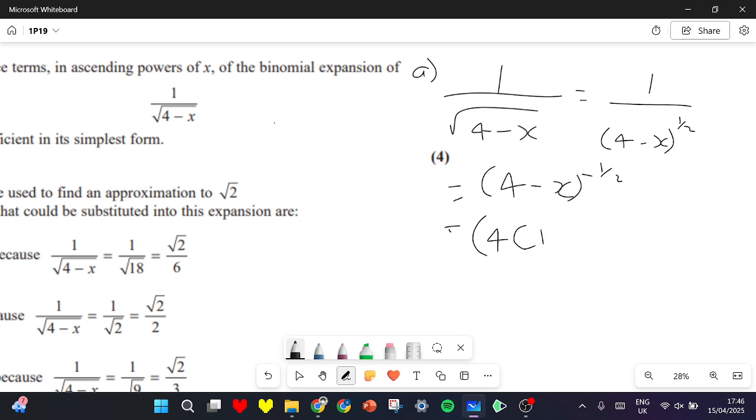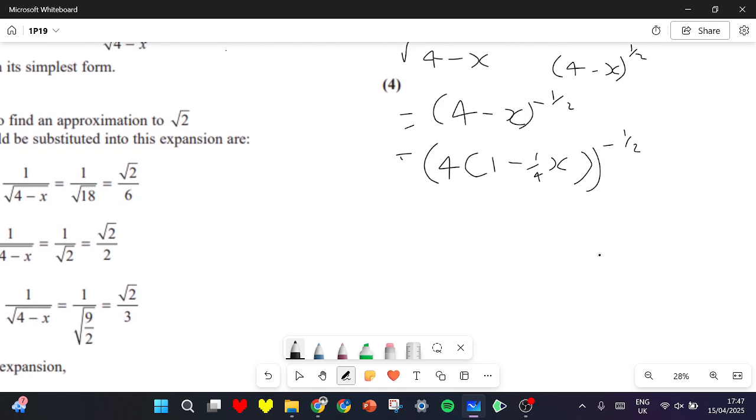So if you do that, you'd get 4 times 1 minus a quarter x, and then that's the whole thing to the power minus a half. And because you're timesing it, you can also put the power there to separate it. So this is the same as 4 to the power minus a half times 1 minus 1 over 4 x to the power minus a half.